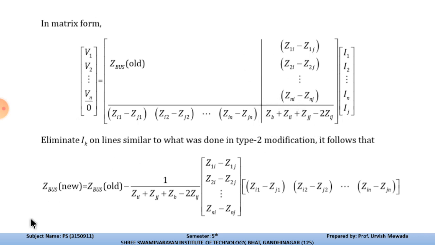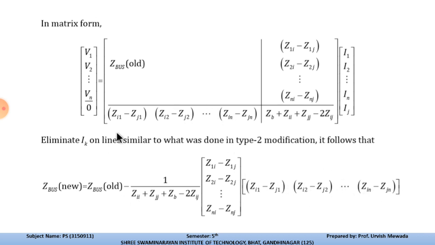It follows that Z bus new is equal to Z bus old minus 1 upon (Zii plus Zjj plus Zb minus 2Zij), which is the impedance of all the buses, times the column matrix of (Z1i minus Z1j), (Z2i minus Z2j), up to (Zni minus Znj), into the off-diagonal row matrix (Zi1 minus Zj1), (Zi2 minus Zj2), up to (Zin minus Zjn).